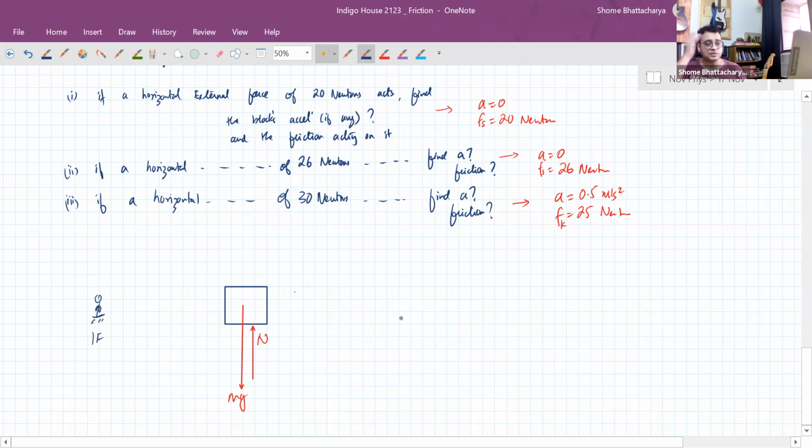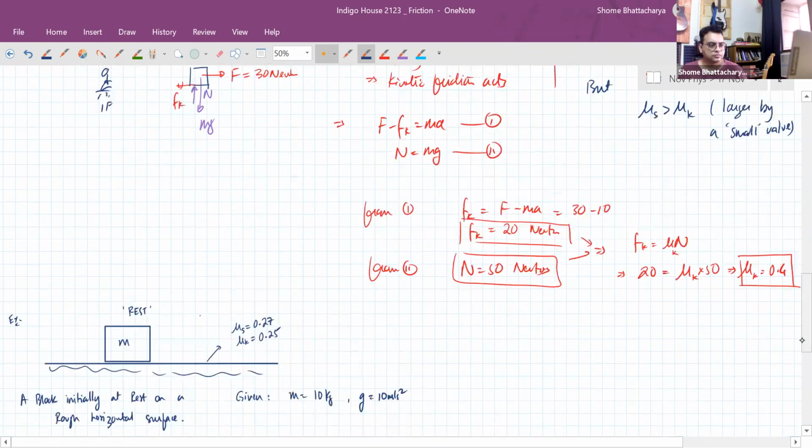Later we'll see problems involving friction where we might have to incorporate non-inertial frame concepts. So anyway, normal reaction is equal to weight. So the normal reaction is equal to 100 newtons. Correct? Or is it 50 newtons? 100 newtons, yes.